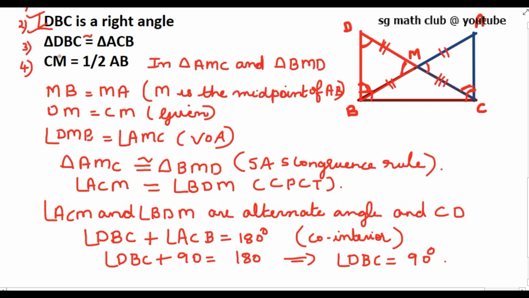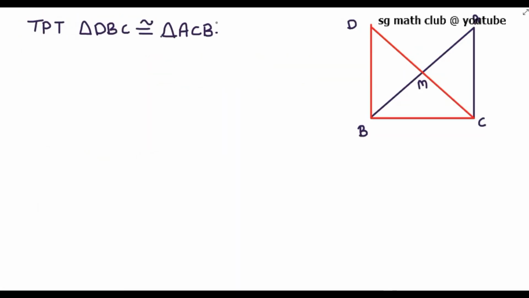Now next we need to prove that triangle DBC is congruent to triangle ACB. So you can see one triangle with red color and ABC is with blue color. So here we can say that BC is the side which is common for both the triangles.